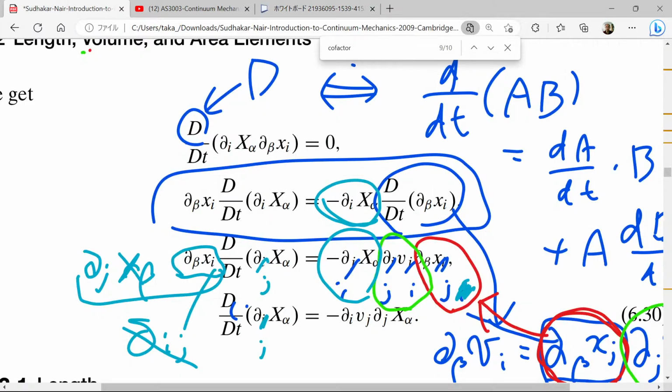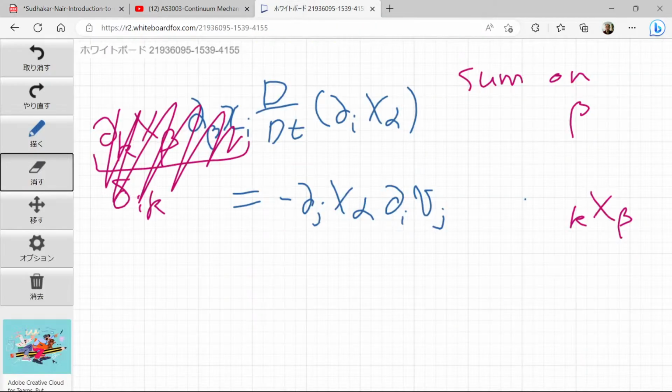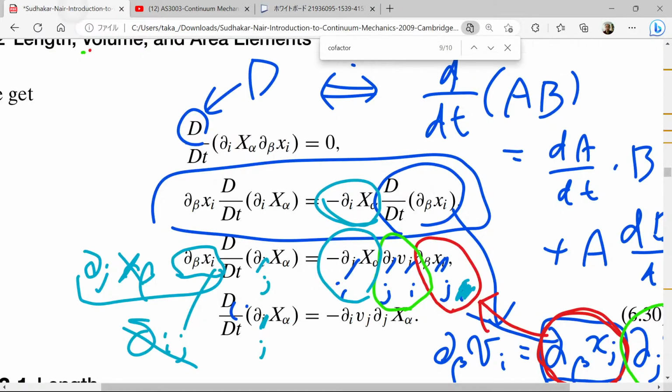jx alpha. Let me see. Where is the minus sign? Oh, no. There is a minus sign. Okay, let me see.